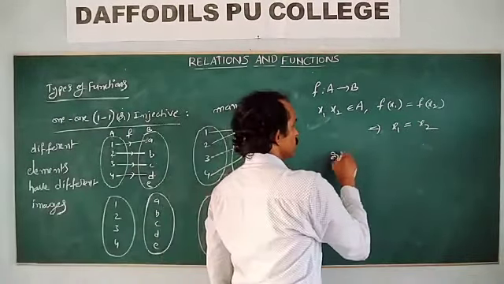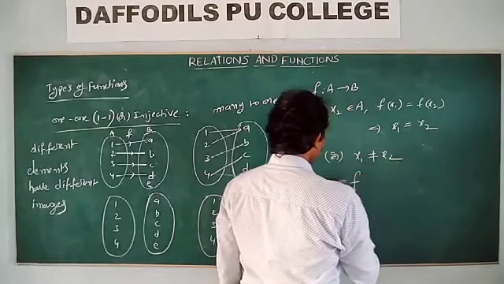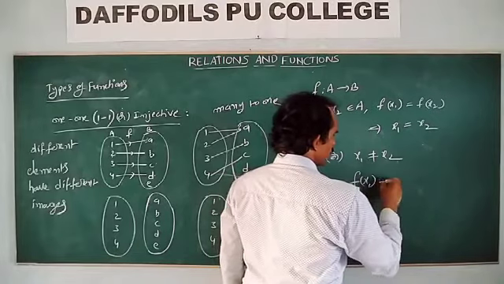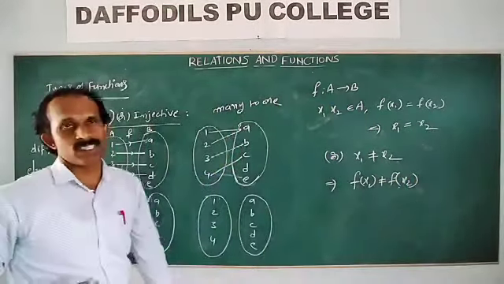Or in another way, x1 not equal to x2 implies that f of x1 is not equal to f of x2. This is also a one-one function.